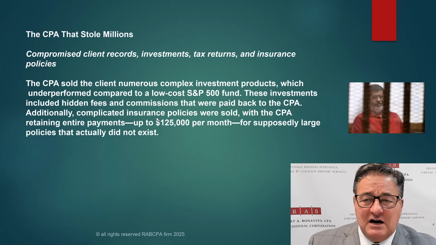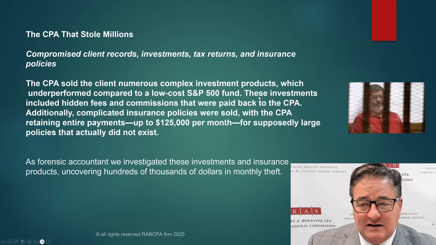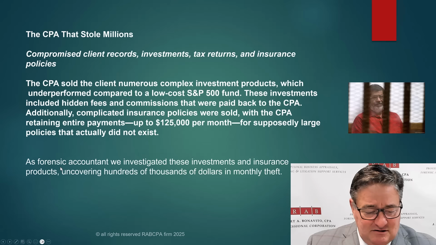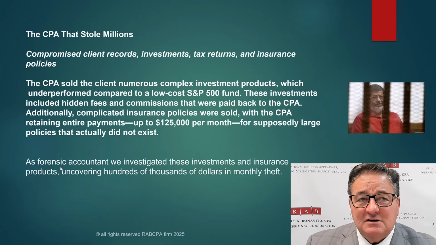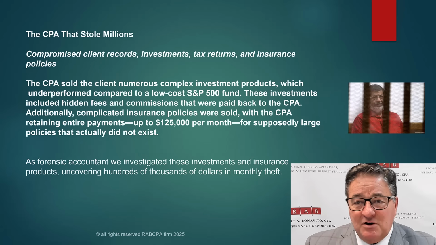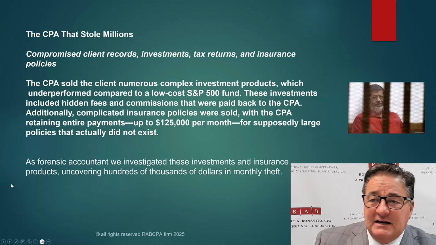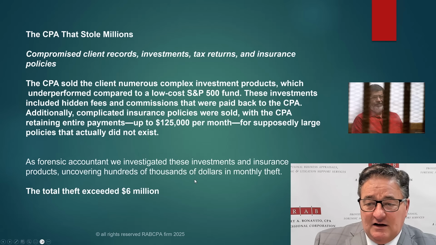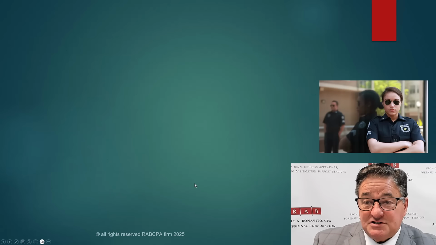He was doing all kinds of crazy things like this. And so, with this case here, we gave him a choice. Pay all the money back or go to jail. He couldn't pay the money back, so he went to jail too. And so this sabotage stuff really does work. The total theft he had was over $6 million.